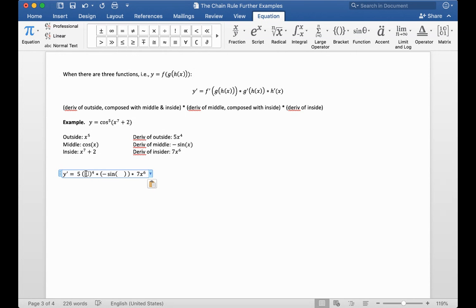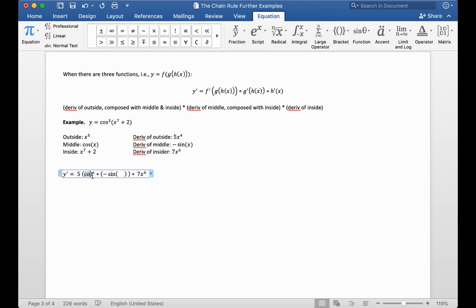And so first of all, I need to figure out what is inside this piece right here. And so it's going to be 5 of, well, it's going to be cosine of x to the seventh plus 2. And so that's the middle composed with the inside here.